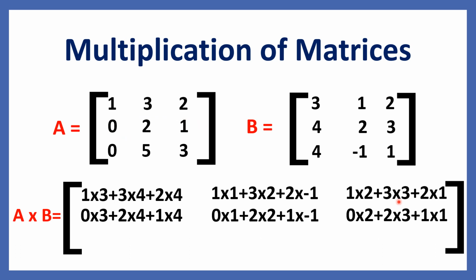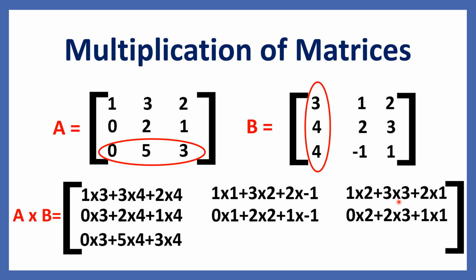Now, for getting the elements in the third row, we have to consider the third row of the first matrix and first of all the first column of the second matrix B. Thus, the values we get are 0 into 3 plus 5 into 4 plus 3 into 4.